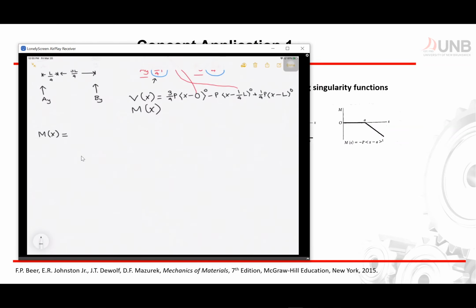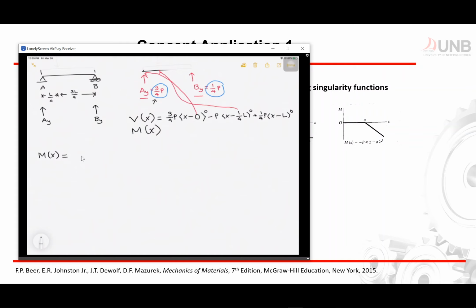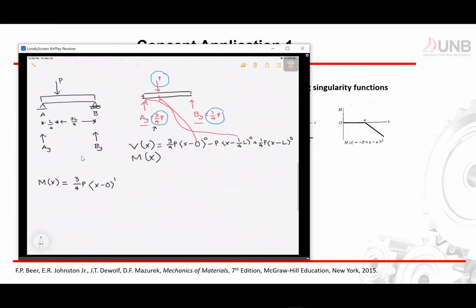So now for your m, first let's look at the first force, which is 3 over 4p. So we have 3 over 4p, and then our singularity function is x minus 0 raised to 1. Now that's the first. We move to the second force, which is p right here.